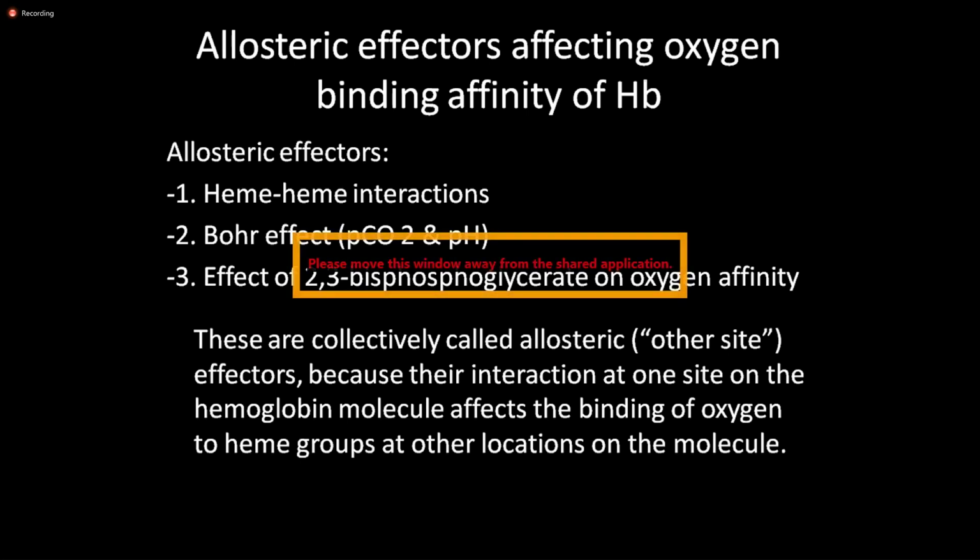So these are the three allosteric effectors that explain the oxygen saturation curve, or oxygen dissociation curve. The same right shift and left shift is also explained by these allosteric effectors.